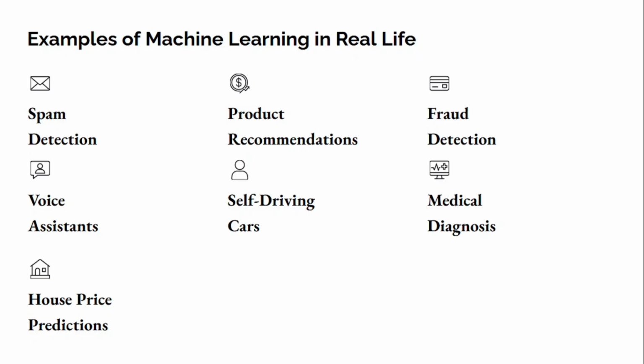Then voice assistants, these are basically your ChatGPT assistants, the voice model. Then you have self-driving cars, a beautiful thing that Tesla is doing, that Elon Musk is working on. Medical diagnosis too, where you can teach a machine how to identify patches in X-rays. That could be used as a way to diagnose a condition like pneumonia.